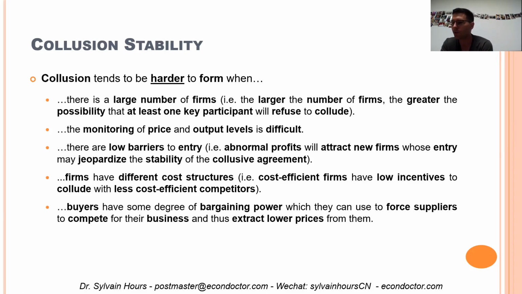If you do not agree to reduce the price, then I will buy from your competitor. And if this is a very important buyer, you really need the business from that particular buyer, then you might, as a business, have to agree to reduce the price in order to make sure that you do not lose this very important customer.